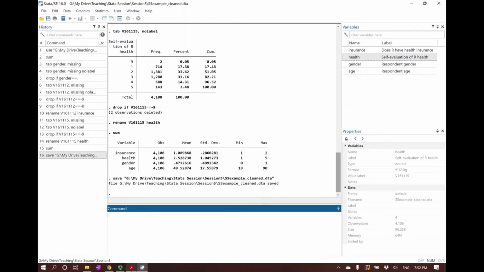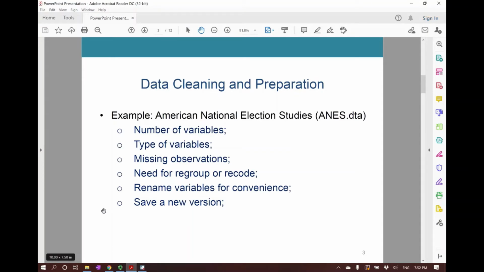Okay, so to summarize what I did: whenever we load a new data set, it's always better to do some cleaning and preparation, and definitely get familiar with the variables and the data that you are working with. You want to look at how many variables you're working with, the type of variables, and whether there are any missing observations and how you want to deal with them.